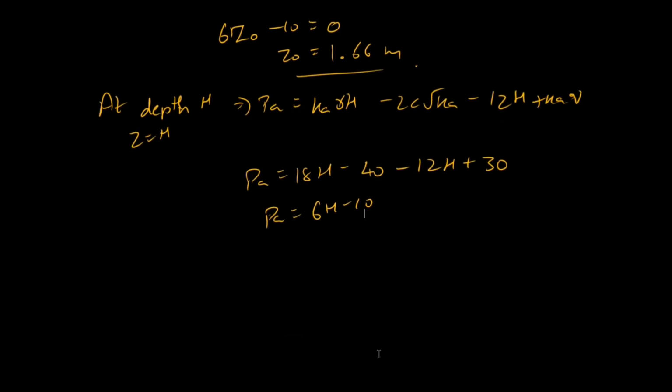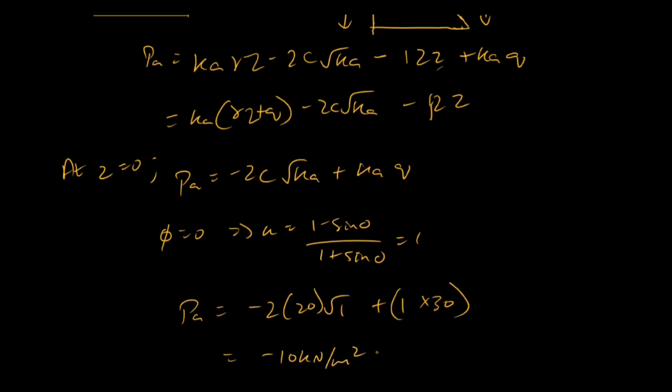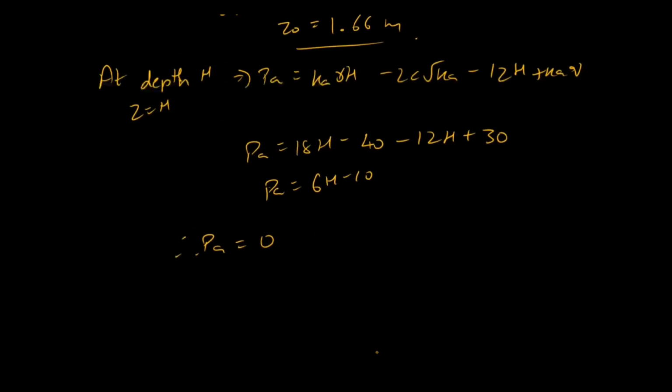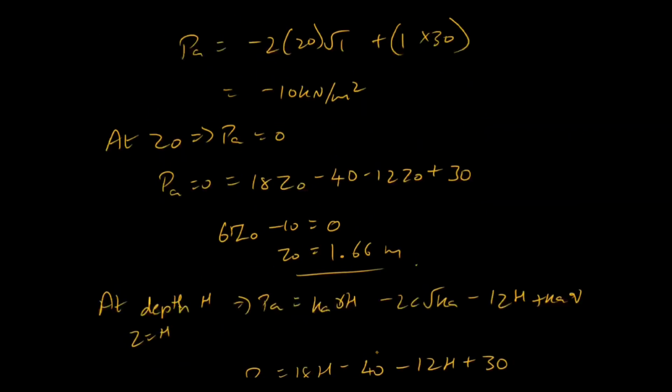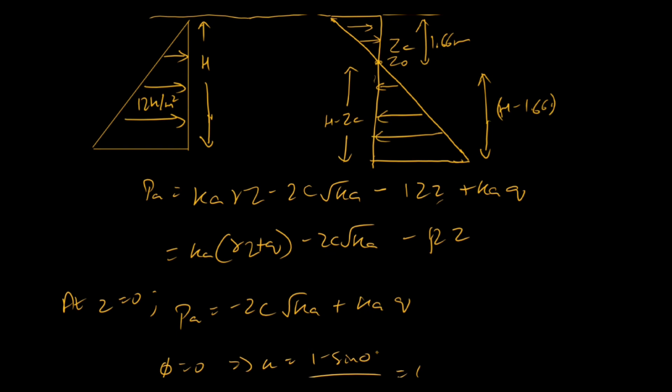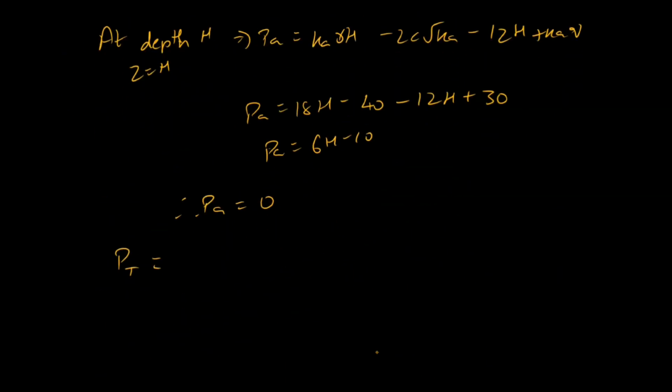For the unsupported depth of excavation, the total active thrust must be 0. Therefore, PA should be equal to 0. From this pressure distribution diagram, the total active pressure, we will take it as PT. PT will be the area of two different triangles, that is half into base into height.